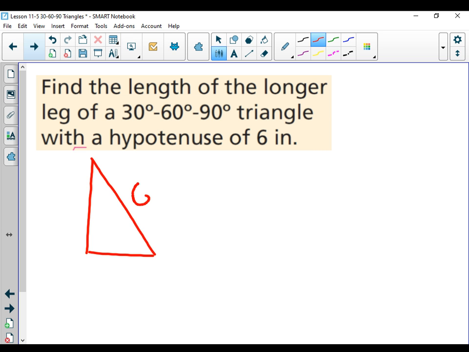Hypotenuse of 6. Savannah, what do you know about the hypotenuse? Well, read your notes. What does it say about hypotenuse? It's 6, so we just 2 times the short leg. But Savannah, I'm missing the short leg. Divide by 2, Addison, to get.